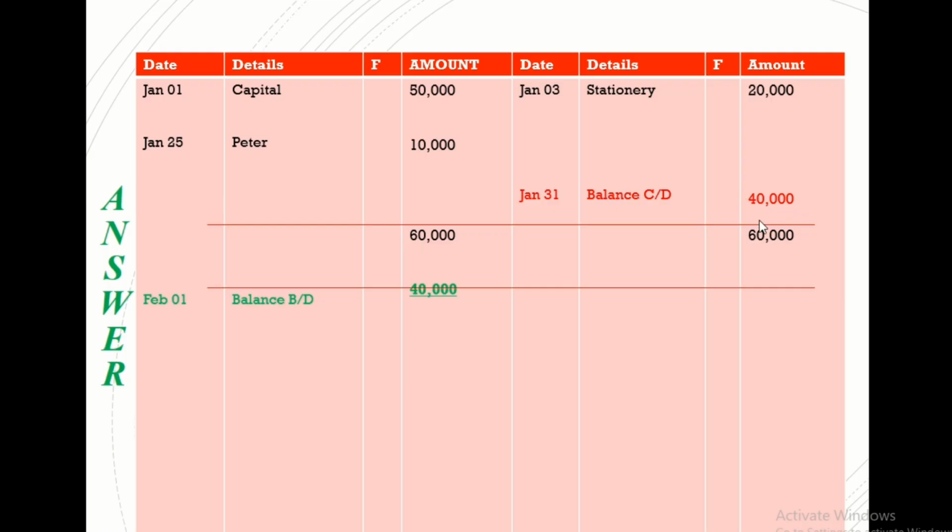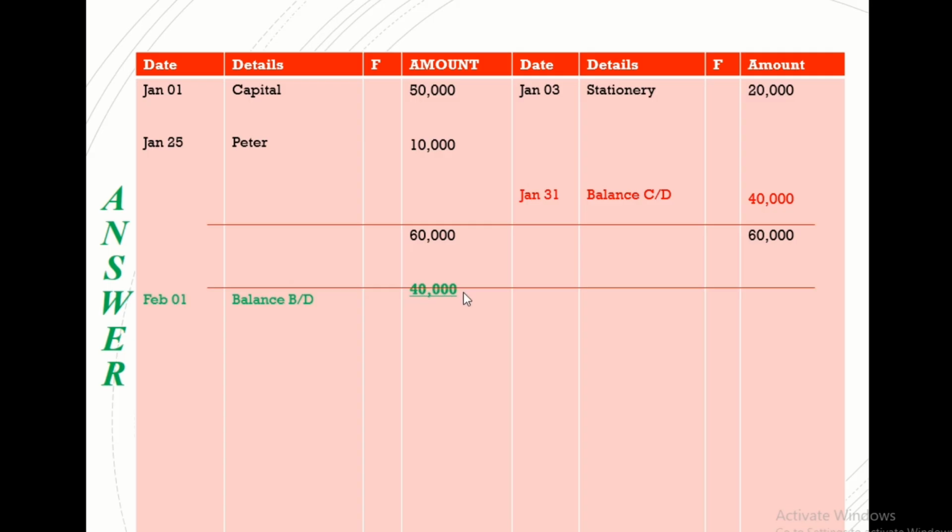Now, when a business ends January with 40,000 in cash, it is supposed to start the next month of February with the same balance. The balance that you start a particular period with is called the balance brought down. This BD stands for balance brought down of 40,000.